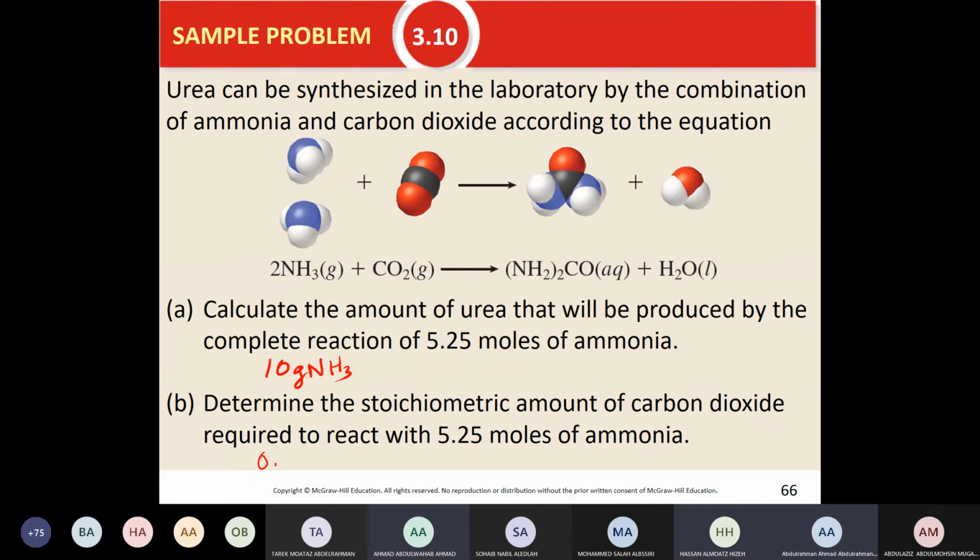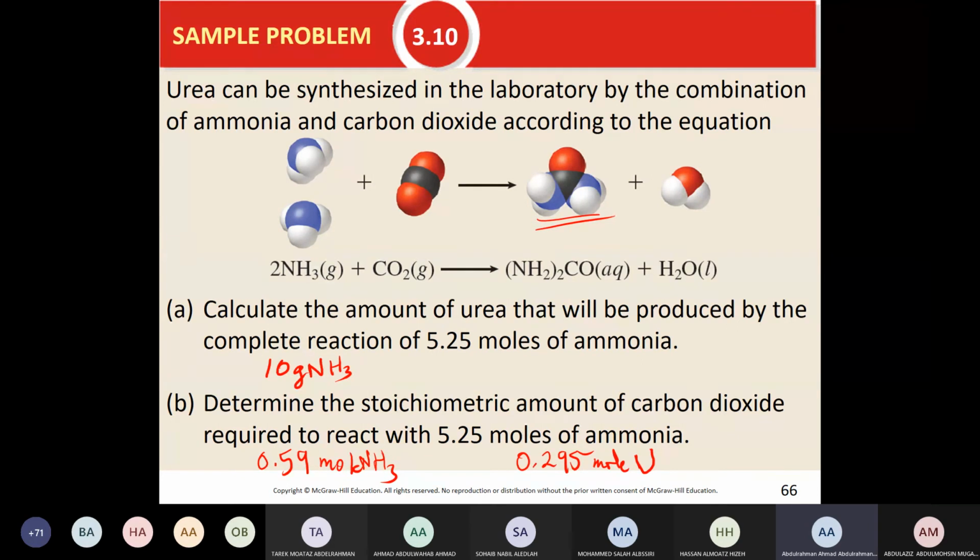Yes, then you divide it by 2. Now I know mole. Mole I can compare. If I have mole NH3, I can tell how many moles urea I need. I divide by 2. It will be 0.295 mole urea.